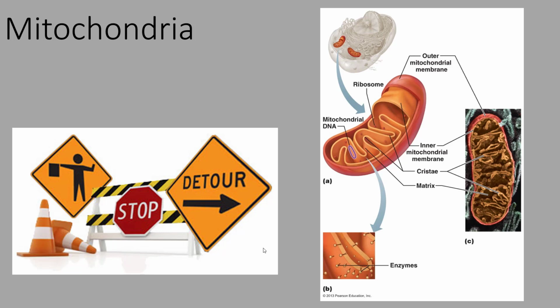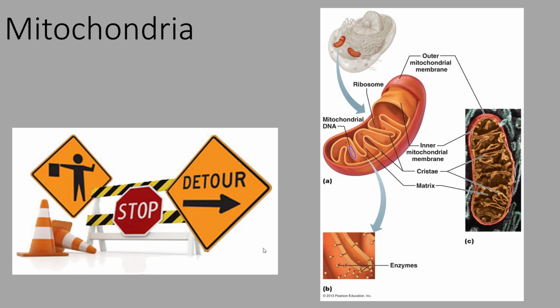Unfortunately, the definition that everyone knows is too basic for our class. What am I talking about? Well, the mitochondria is the powerhouse of the cell, and that's good for elementary school or middle school, maybe even high school, but we want to know really what does the mitochondria do.